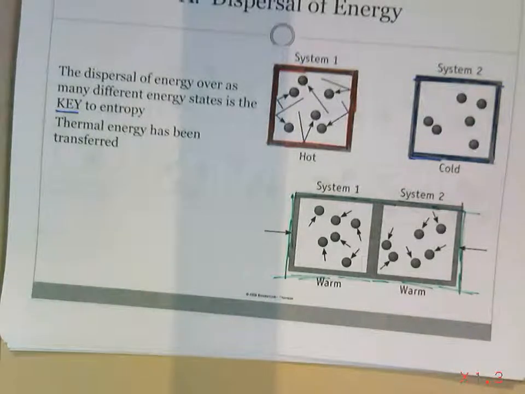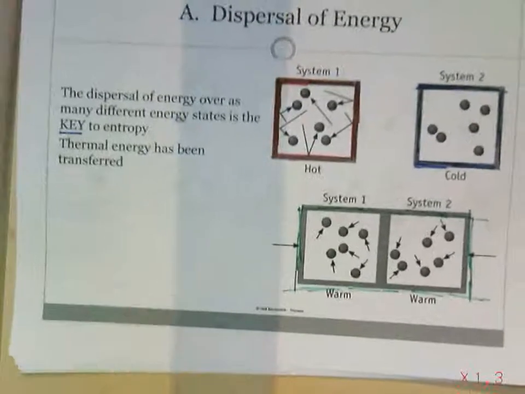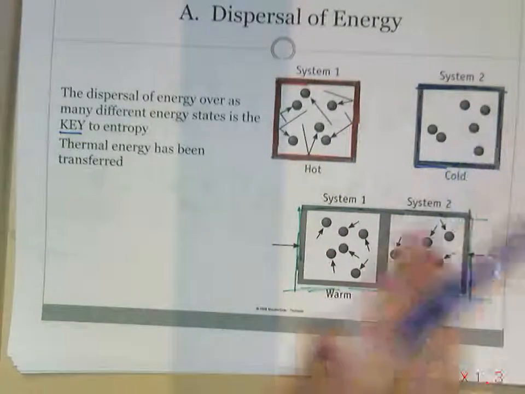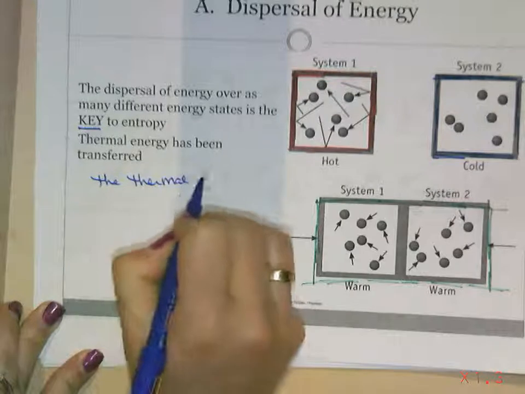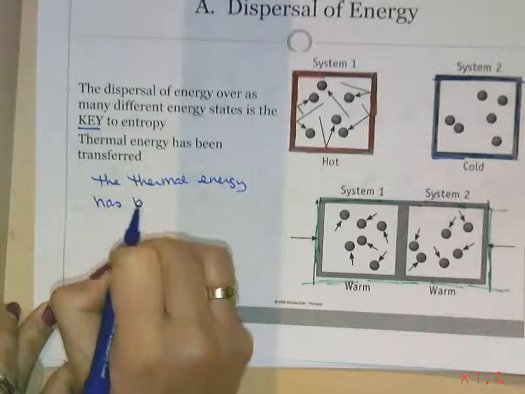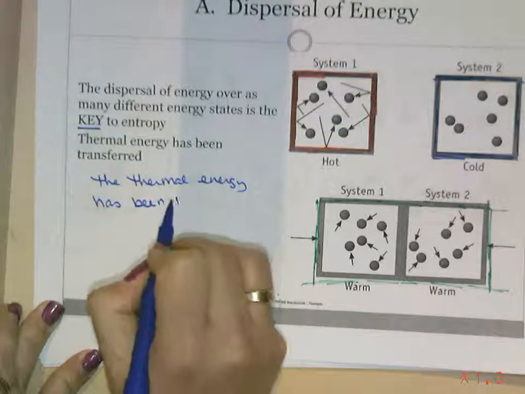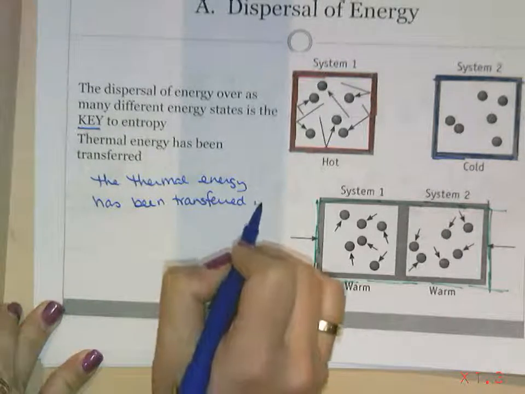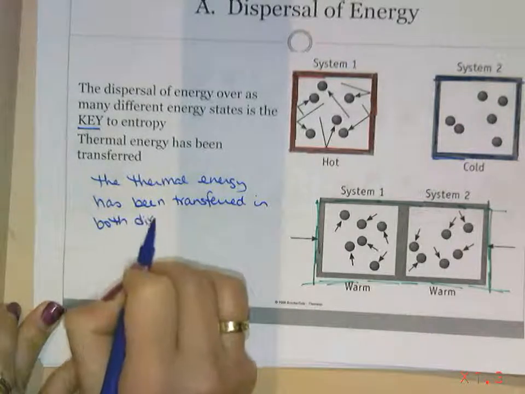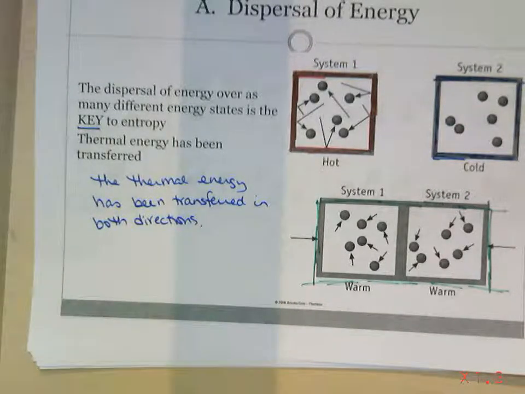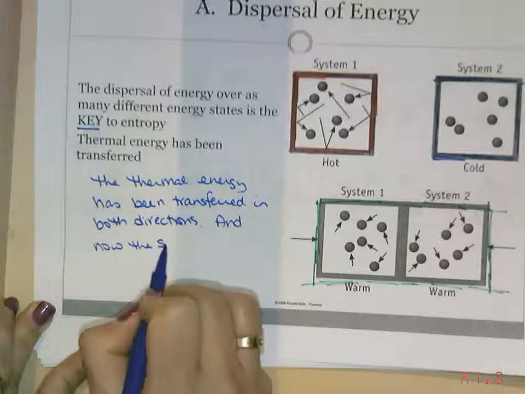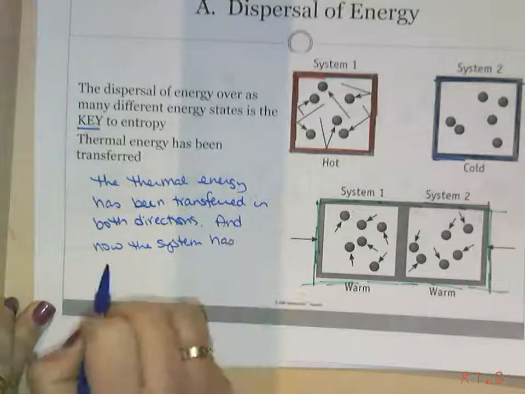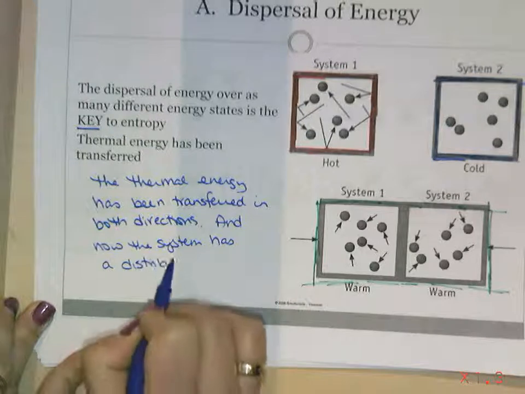So I put these two systems together and the thermal energy has been transferred. This gave some energy to that. The thermal energy has been transferred in both directions, and now the system has a distribution of energies.